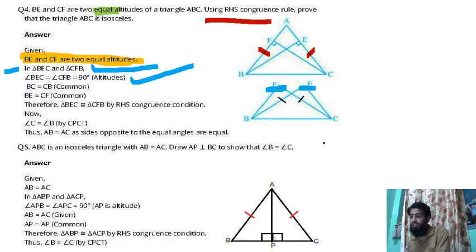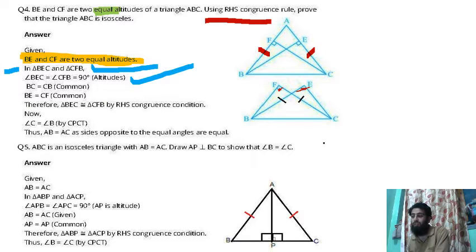And why are both 90 degrees? Because we have drawn them as altitudes. We have drawn BE as a 90 degree or as an altitude. We have drawn CF as a 90 degree or an altitude. If they are altitudes, then the angle drawn by them will be equal to 90 degrees. And this is the reason this angle F and this angle E are 90 degrees.